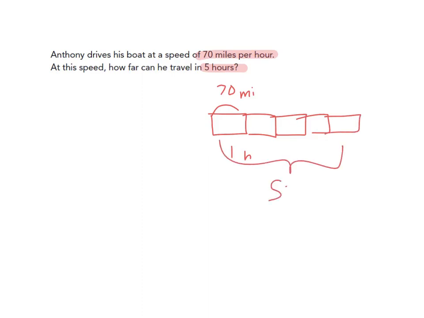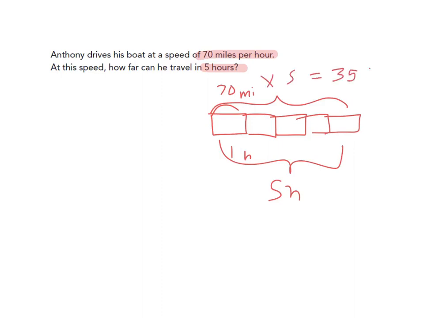I can think of this as he goes 70 miles in 1 hour, and I need to repeat this 5 more times. This will be represented by 5 hours, and this will be represented by 70 times 5, which is obviously 350.